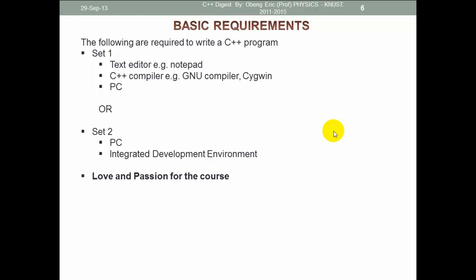So all you have to do is install a copy of any IDE. Then finally, and the most important thing, is your love and passion to learn C++. Because trust me, sometimes you can sit on an error for a very long time. It may take you days, and it is your love and passion for programming that will keep you going.